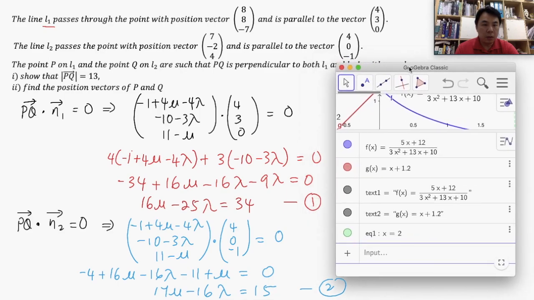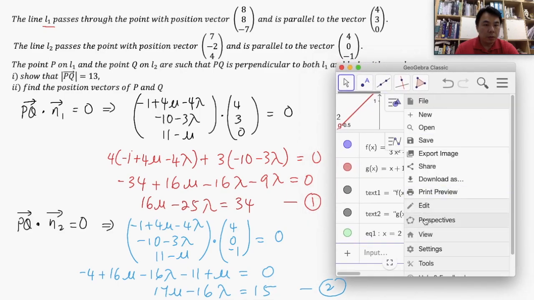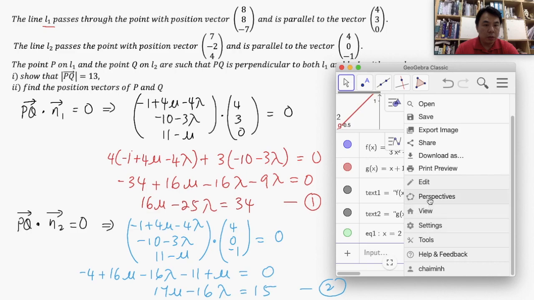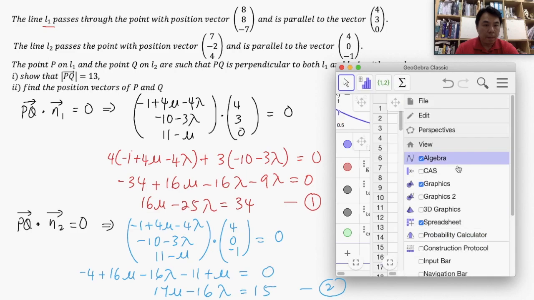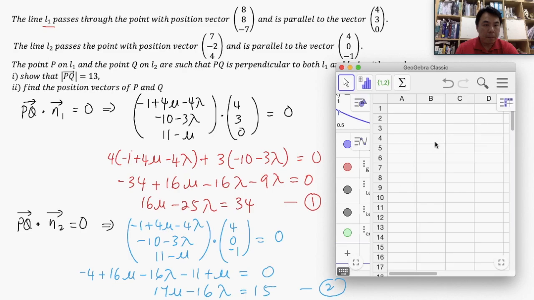Let me use a bit of technology to help me with the calculation here. So I have 16, negative 25, 17, and then negative 16 here.